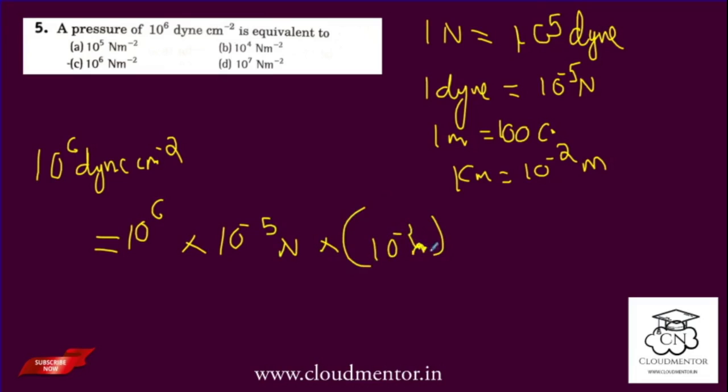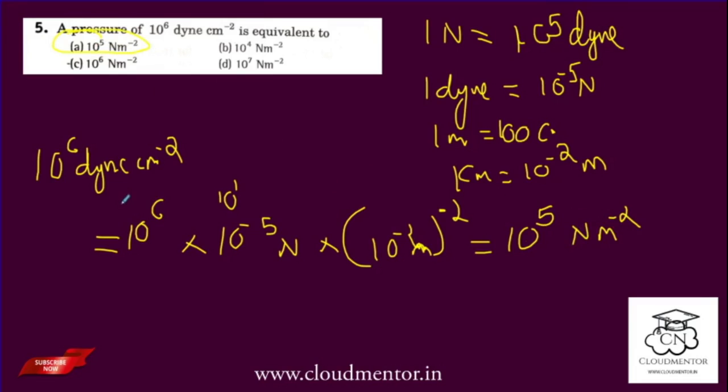Since it is centimeter raised to minus 2, here it must be plus 4. So 10 raised to 6 and 10 raised to minus 5 gives 10 raised to 1, and 10 raised to 1 and 10 raised to plus 4, so 10 raised to 5 Newton meter raised to minus 2 is the answer. So option A is the right answer.